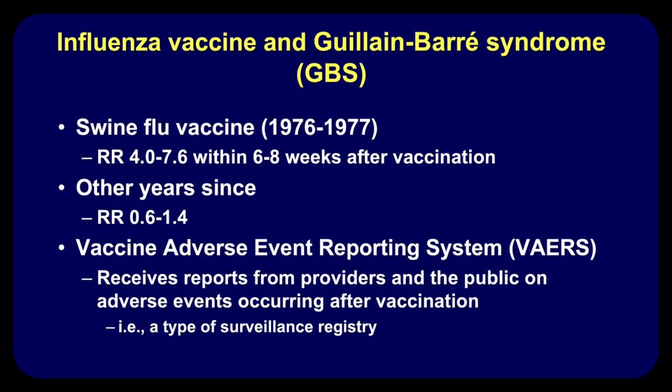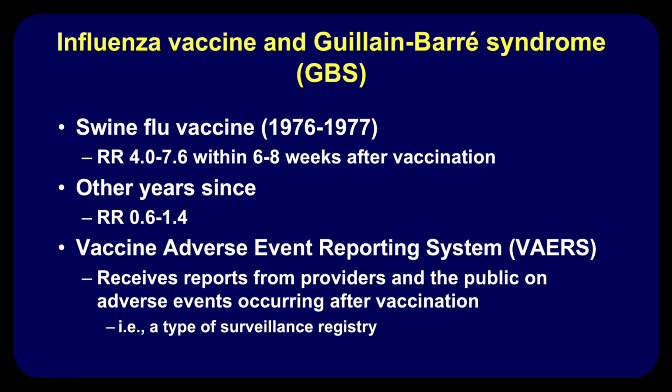Now, there is a national surveillance system in the US called the Vaccine Adverse Event Reporting System, or VAERS. It's run by the FDA and by CDC in concert. And it receives reports from not just providers, but anyone from the public on adverse events that people think may be related to a vaccination that they recently received.